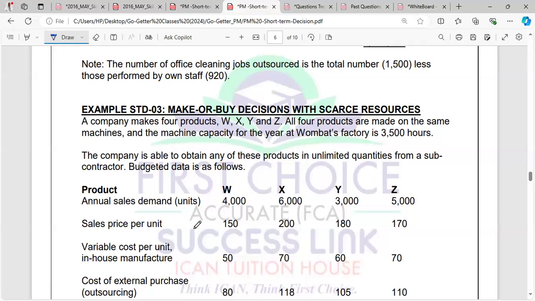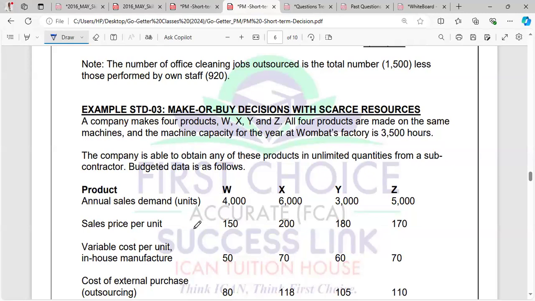So what have we done today? We've done limiting factor. We saw a past question, and we tried to make sense out of it, where we have acres of land and yield per ton, and we tried to look at restrictions, limiting factors.